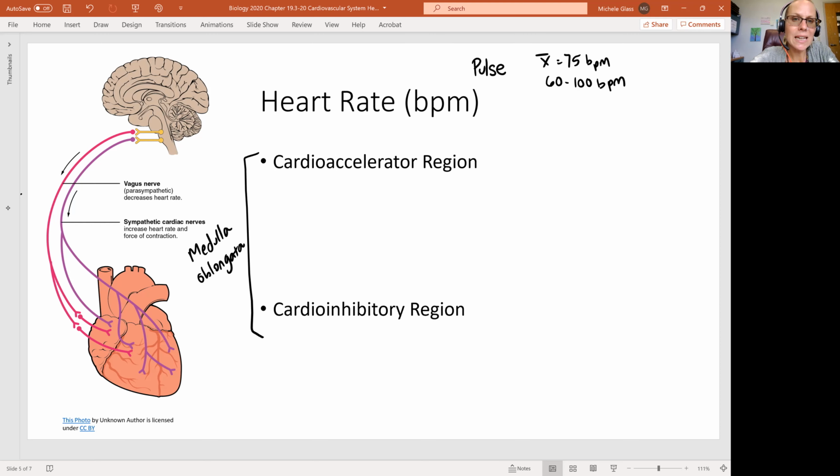And what we see is that we have two different regions. We have what's described as the cardio-accelerator region and the cardio-inhibitory region. Or instead of the word region, we can use the word center. So you could use either term here.